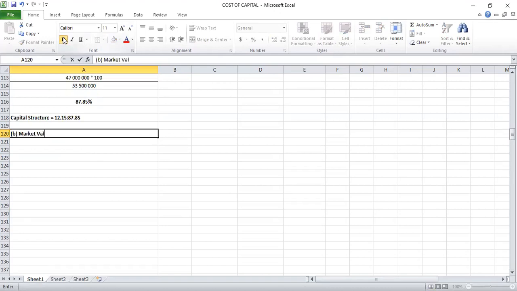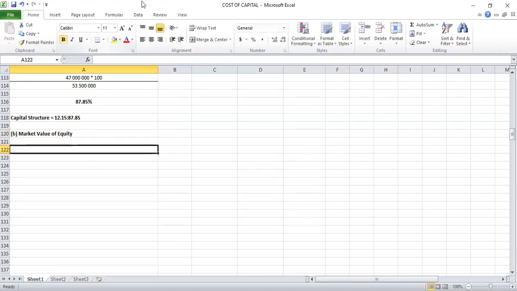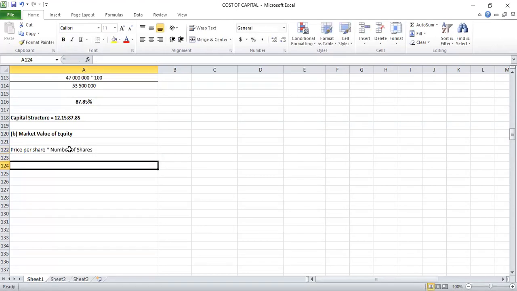Market value of equity. That is the price per share times number of shares. So to get our number of shares, we're going to say number of shares is equal to book value divided by nominal value.